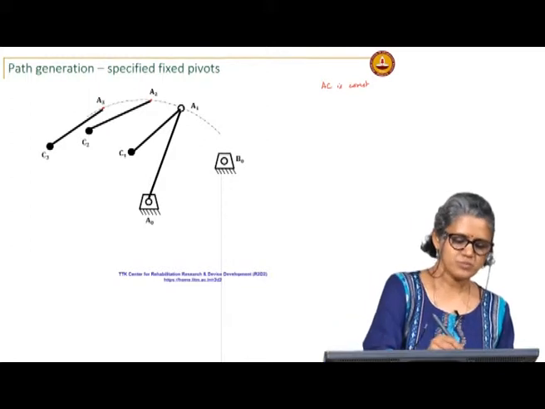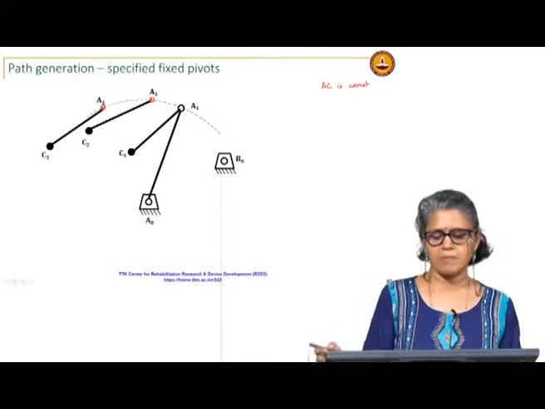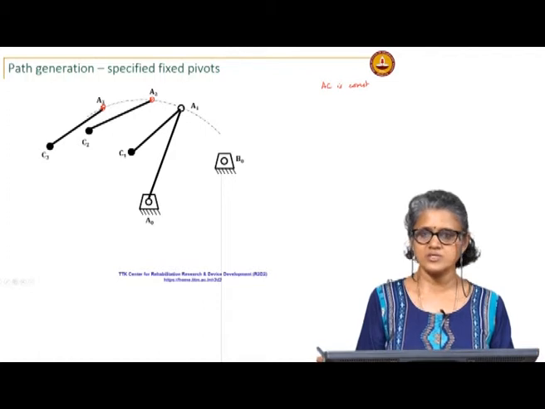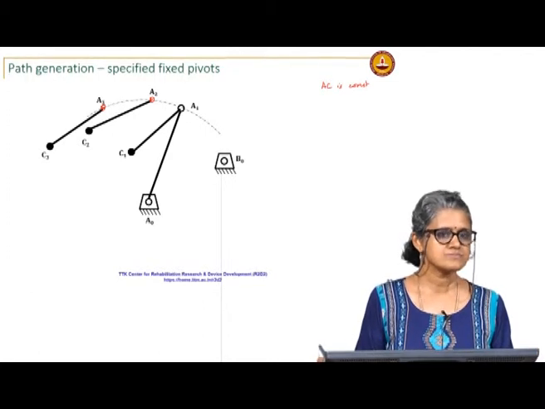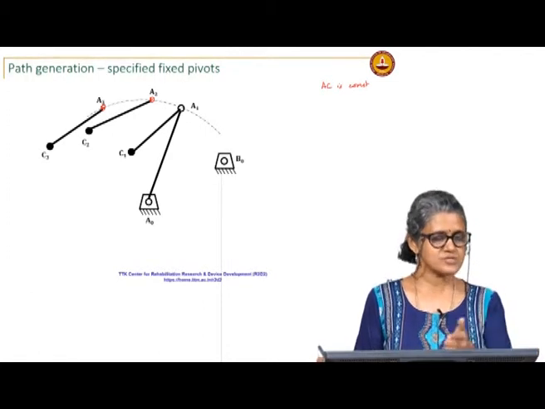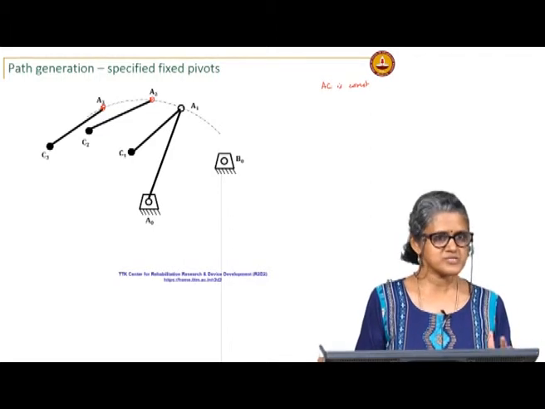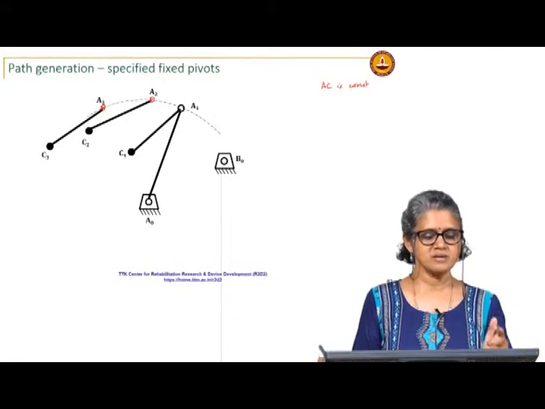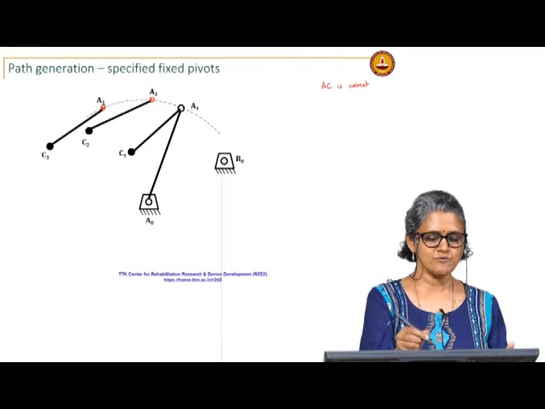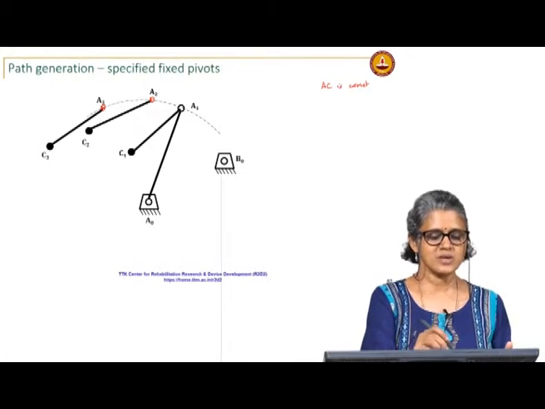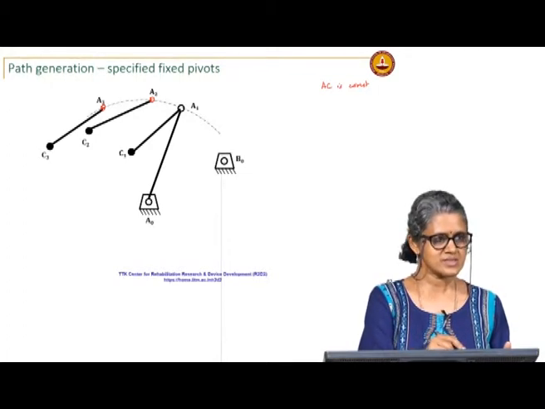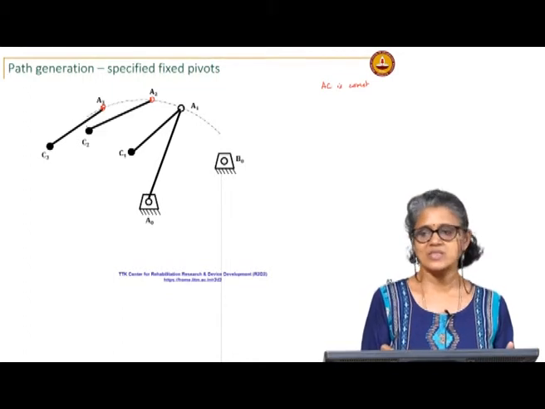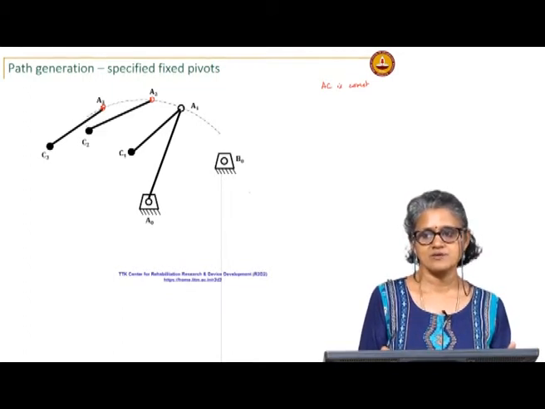So, A1 is a moving pivot. Now, what is this problem reduced to? It reduces to the 3 position motion generation. Now, you have to move A1C1 to A2C2 to A3C3 and you are given the fixed pivots.